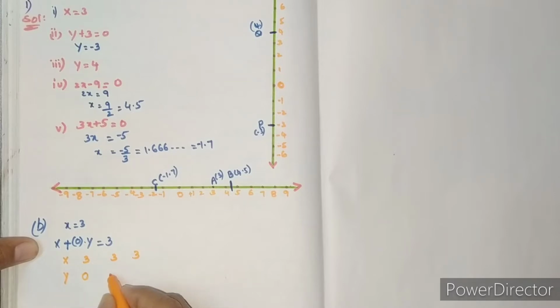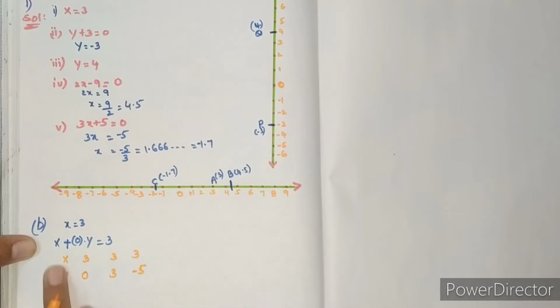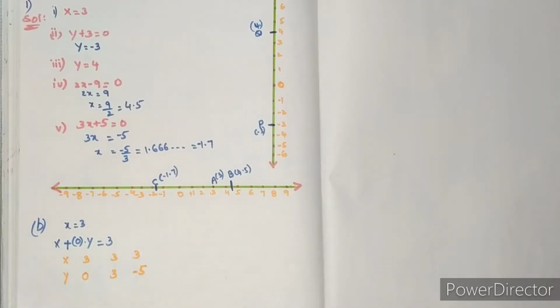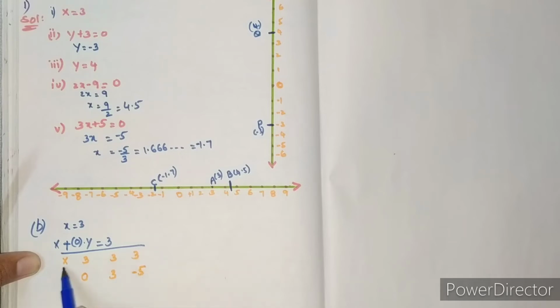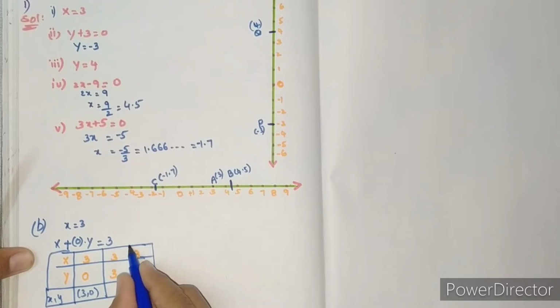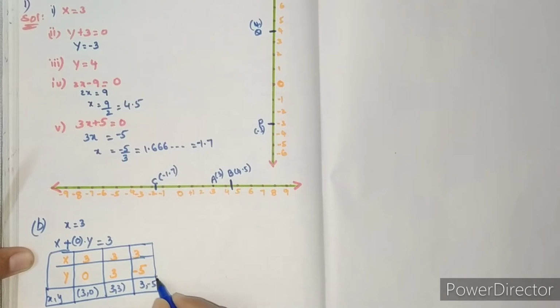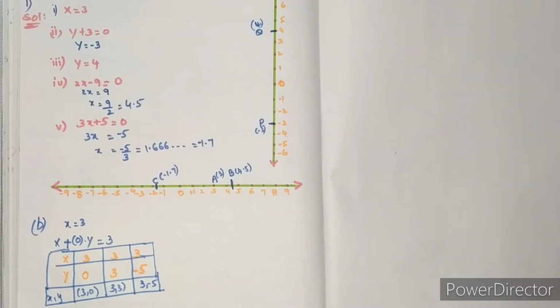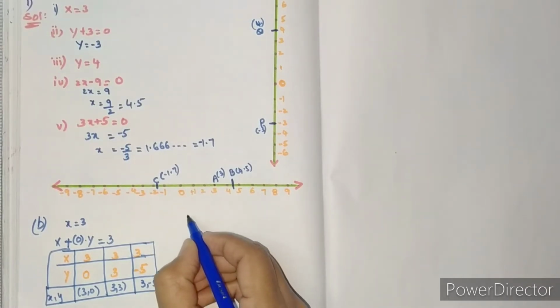For any value of y, x is 3 only. So these are the values. Now x comma y, what are the points? 3 comma 0, 3 comma 3, 3 comma minus 5.